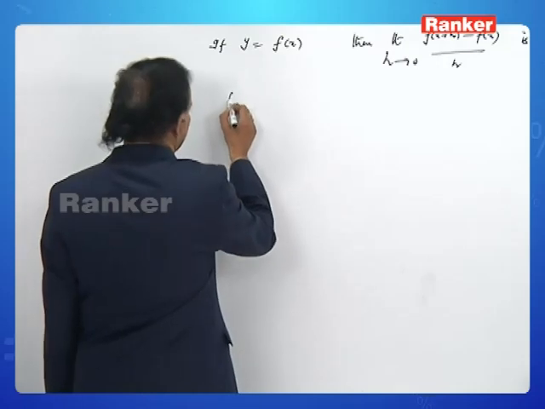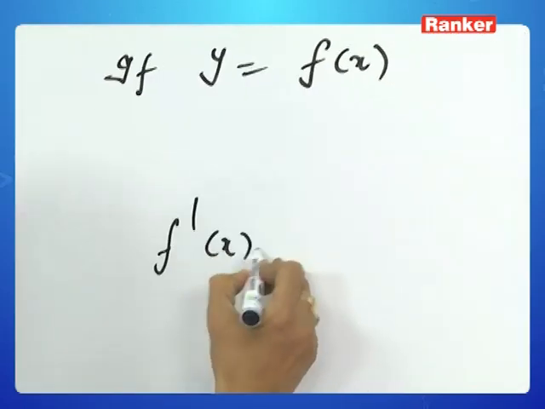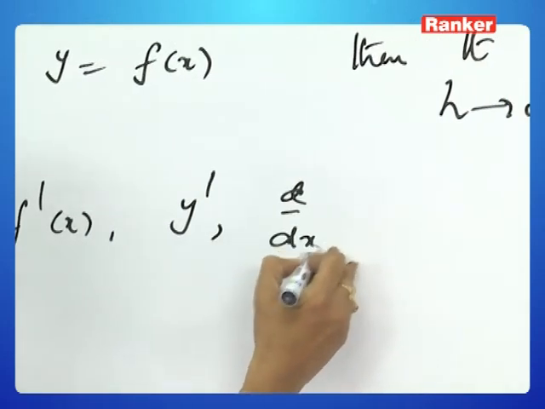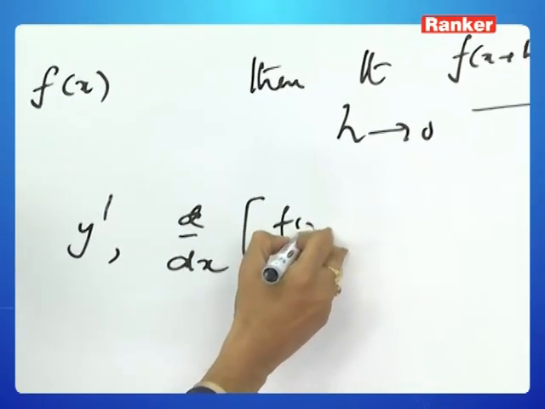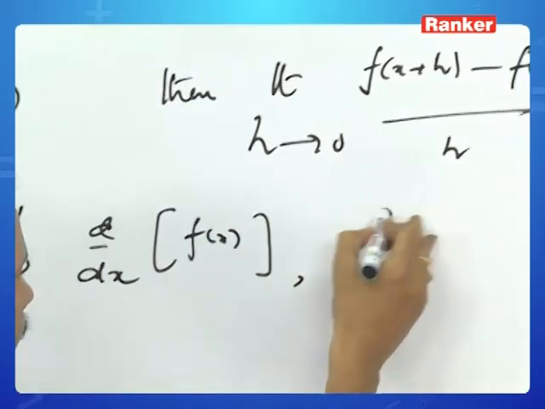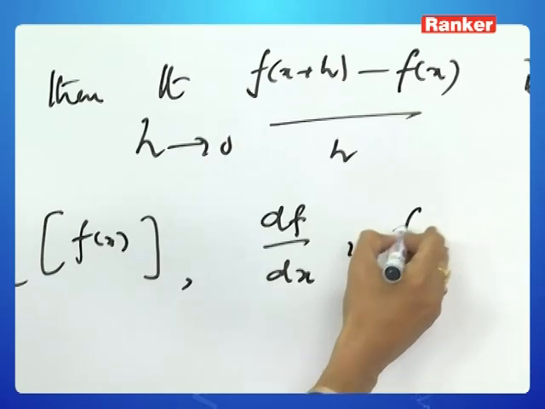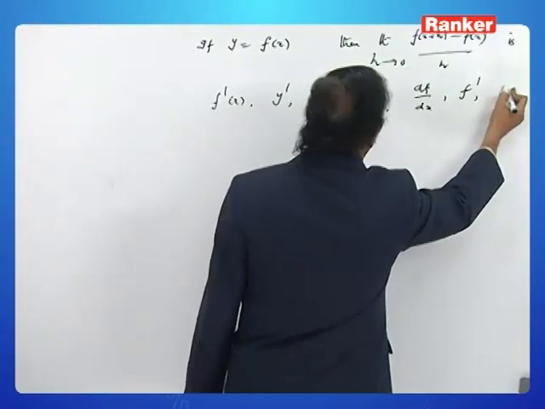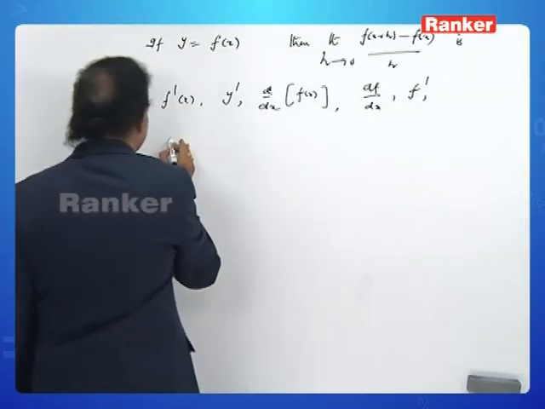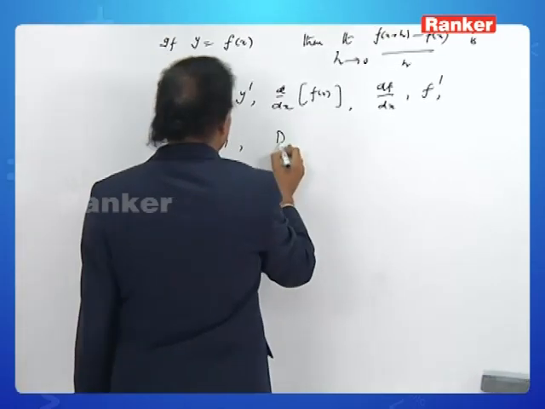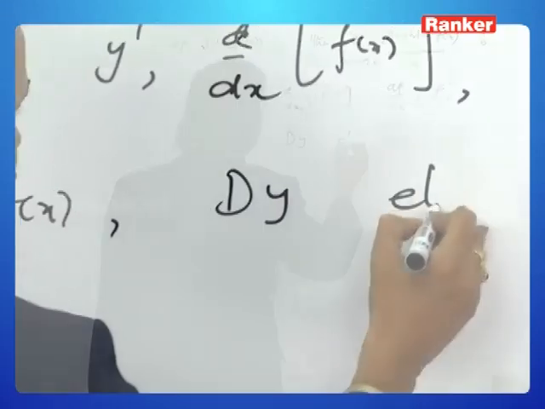One is f dash x, y dash, d by dx of f of x, df by dx, f dash, d of f of x, d of y, etc.